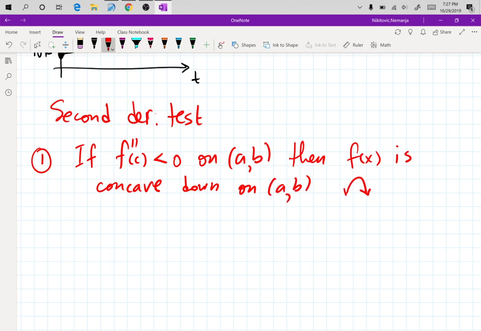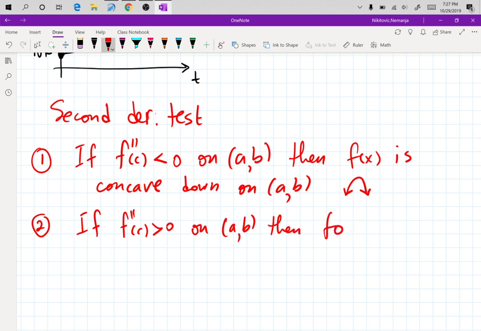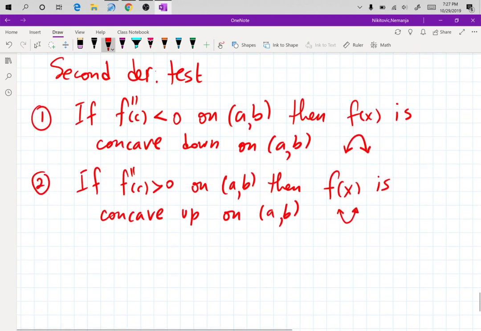Concave down means downward opening. Number 2, if f double prime of c is larger than 0 on (a, b), then f of x is concave up on (a, b), and that's a parabola opening up.